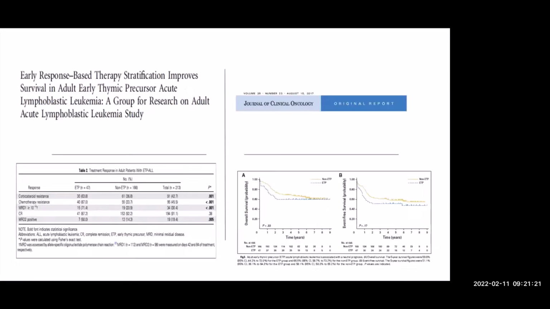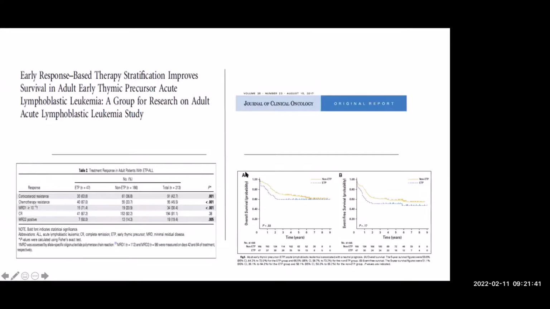Compared with children, adult patients with ETP-ALL have similar results with corticosteroid resistance, persistent MRD positivity, and high rates of induction failures.